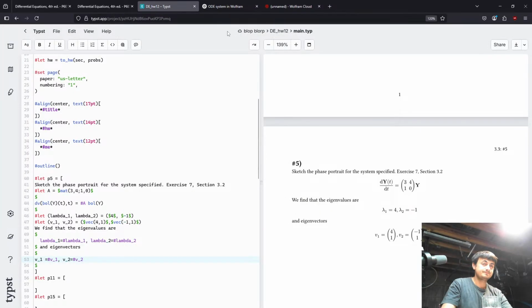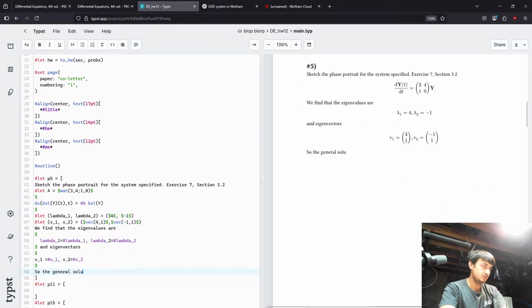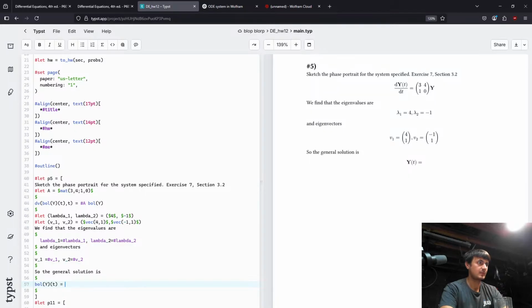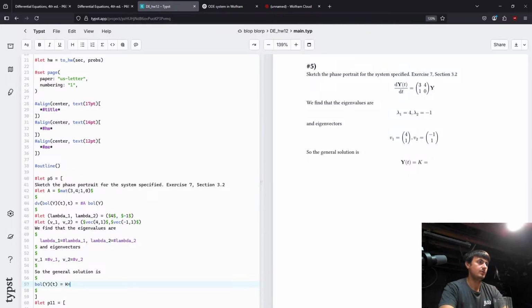Okay, so the general solution is going to be bold y of t is equal to... Oh no, this is going to be k1.